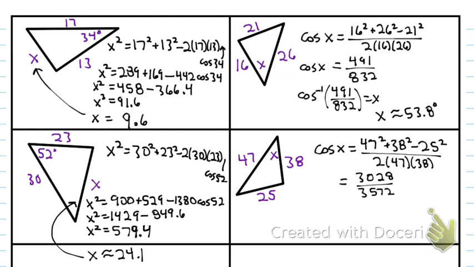And that's equal to cosine x. So now we're going to do cosine inverse of that to give us x, and we get approximately 32 degrees.